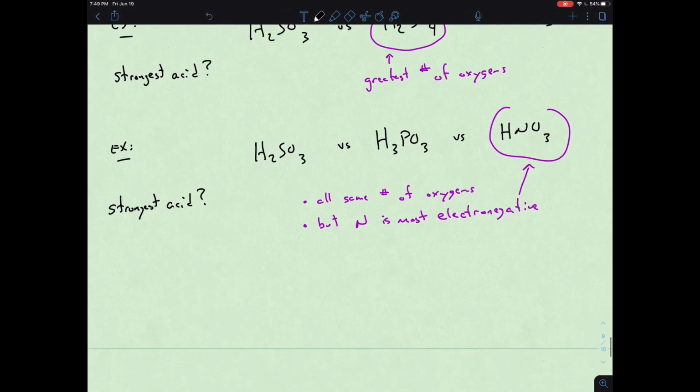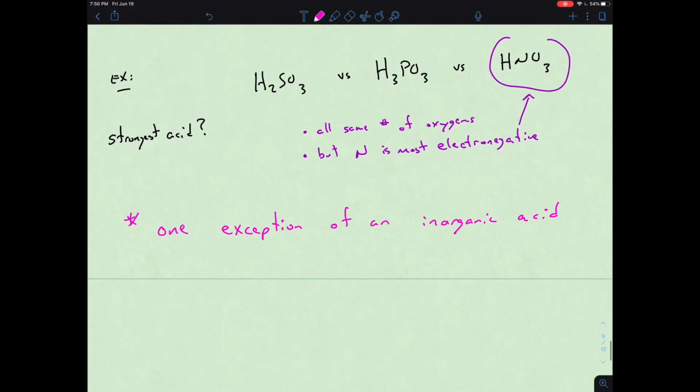One exception that we find within the strong acids, so one exception of an inorganic acid that is actually a weak acid, and there are others, but I just want us to know this one, is basically hydrofluoric acid.